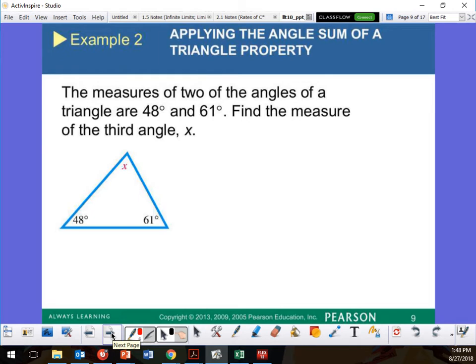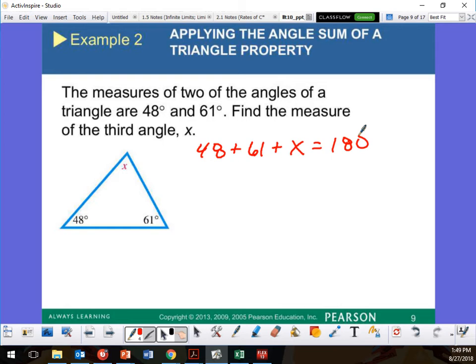So, I know that these 3 together have to add up to 180. So to do that, I would do 48 plus 61 equals. There we go, right? You can do it. All right, add them together. Come on, you can do it. 109. Thank you.